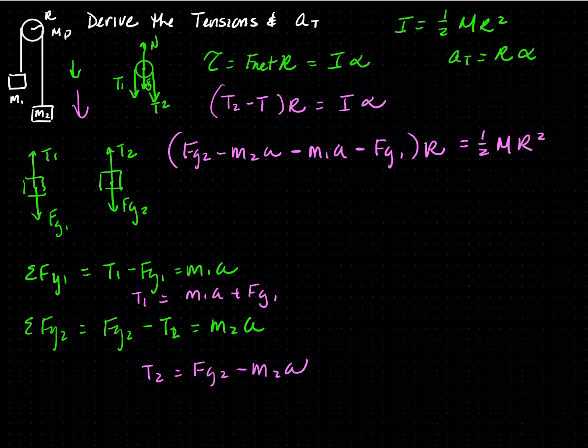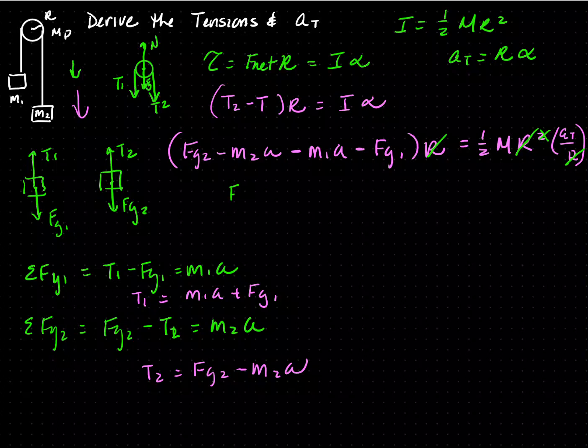I'm going to plug in for alpha since we're solving for tangential acceleration. So that becomes a tangential over R. All the radii are the same, so the R down here will cancel out with the R here. This R will cancel out with the R here. Now I'm going to move all the accelerations to one side because remember, they are moving together as one, so the tangential acceleration is the same.